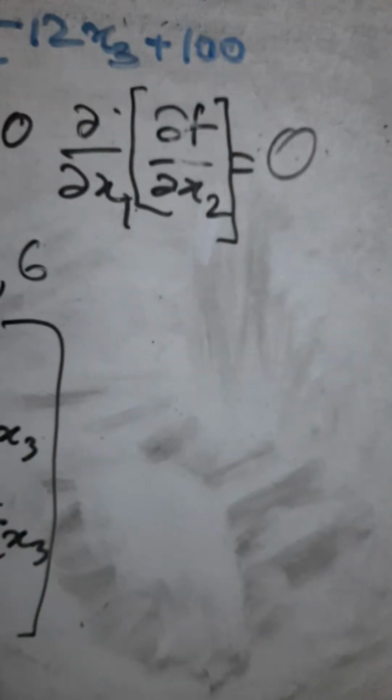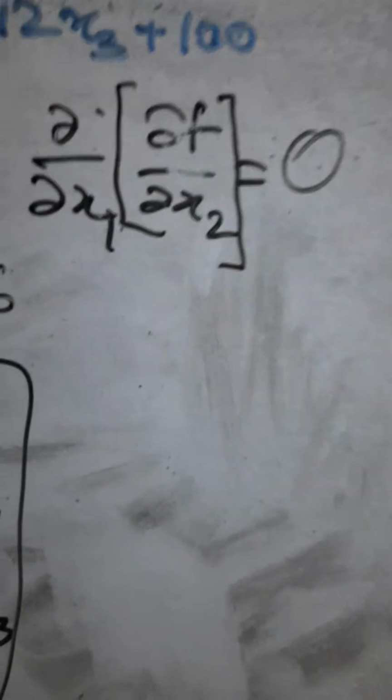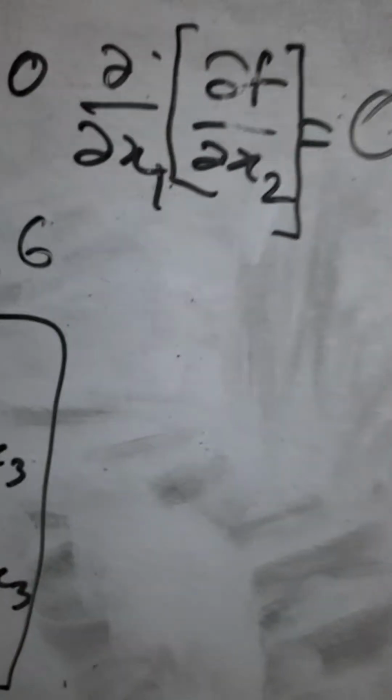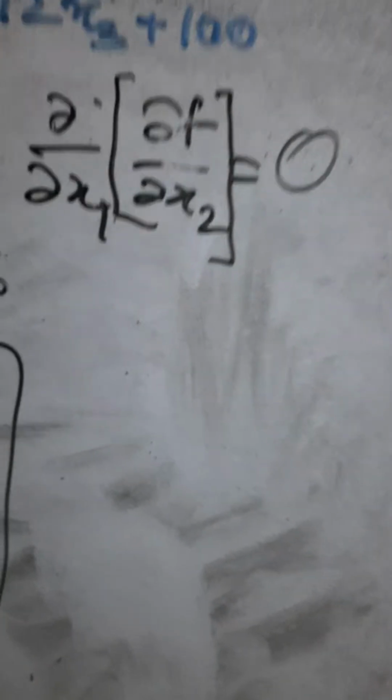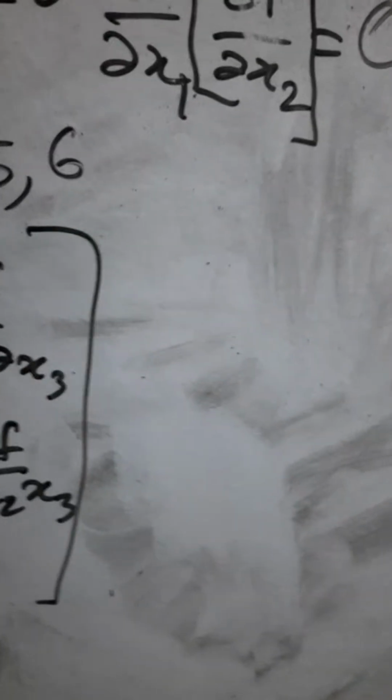If it had been del by del x2, with x1 x2 there, then x2 would have reduced to 1 and x1 would have remained, and any coefficient would have remained. But now that's not possible.